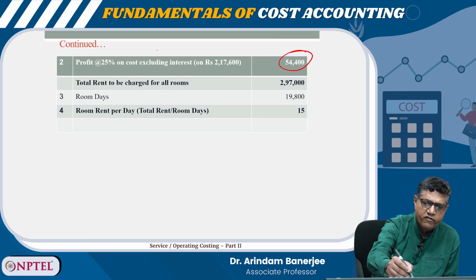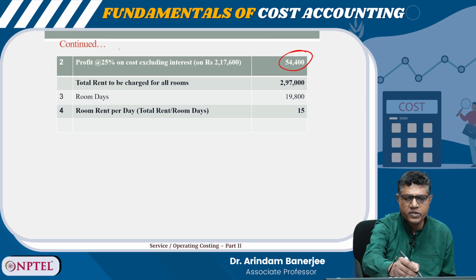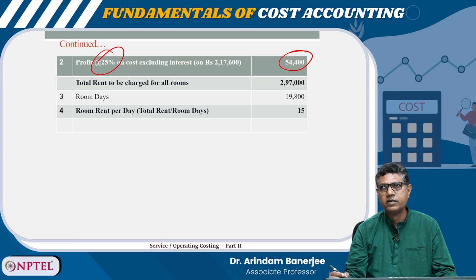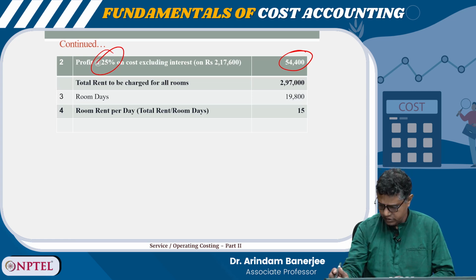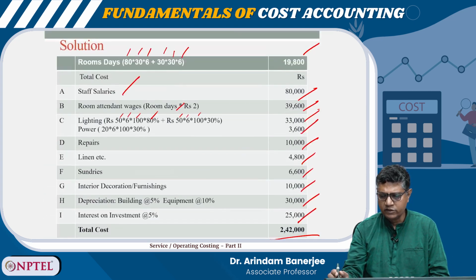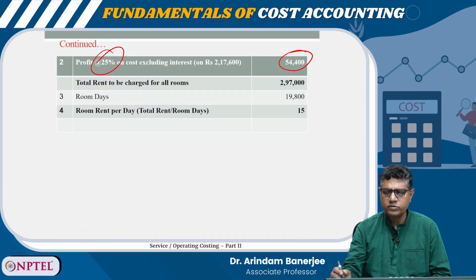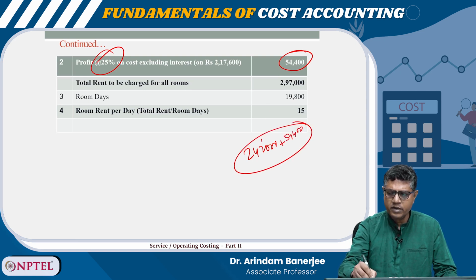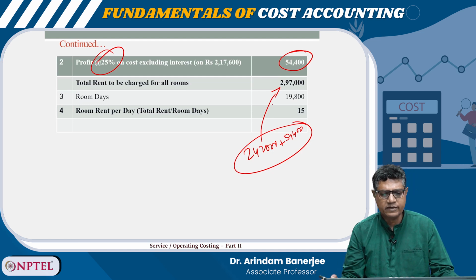My profit percentage I want to keep is 25%. So it is coming to 54,400. If I add these two, 2,42,000 plus 54,400, I will arrive at 2,97,000.